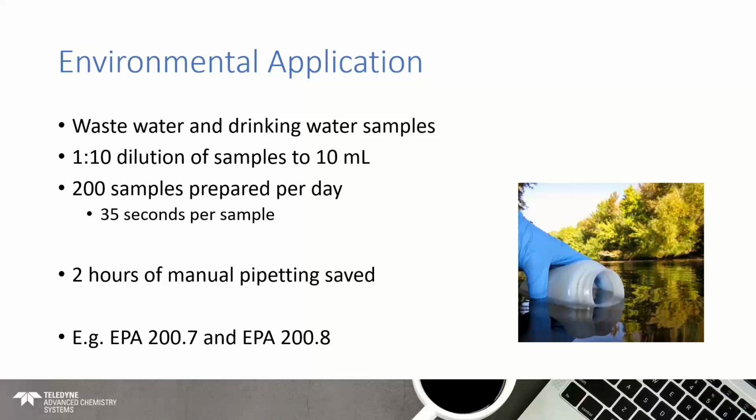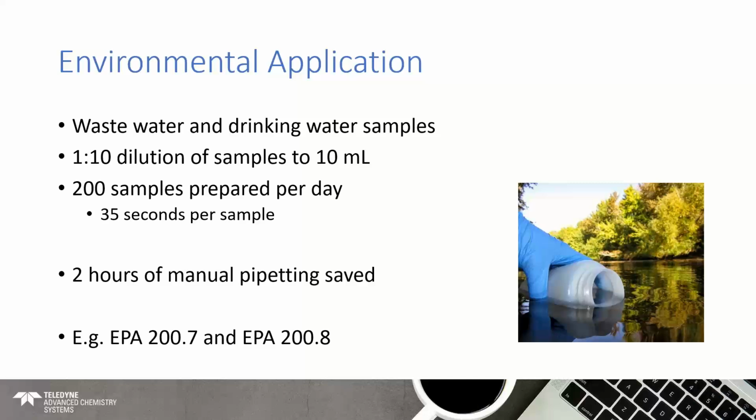Now that's done by hand at the moment, taking about 35 seconds per sample. So around 2 hours of manual pipetting is saved here, 2 hours for those 200 samples. If you multiply that up, 2 hours a day, 5 days a week, that's 10 hours of preparation time.